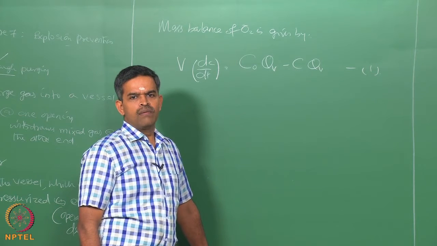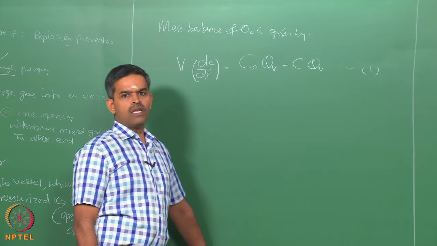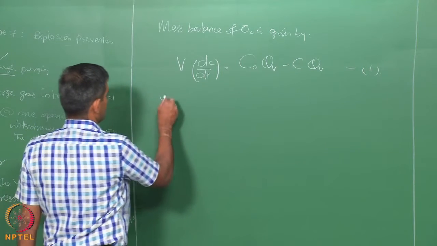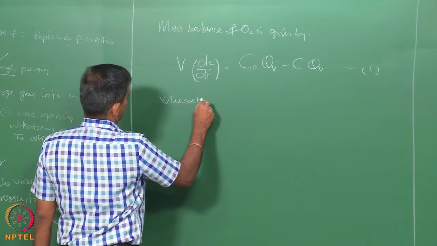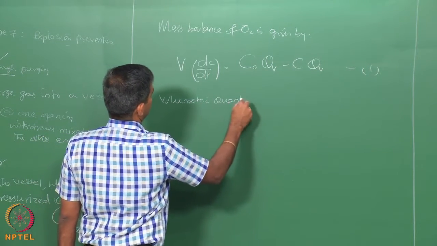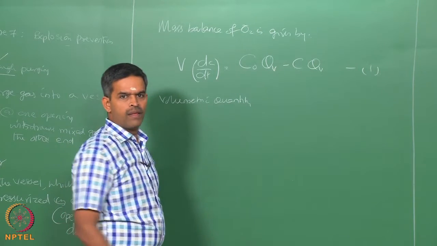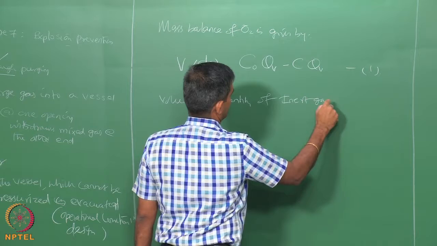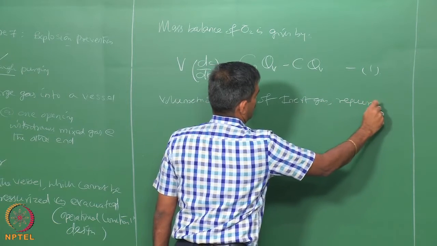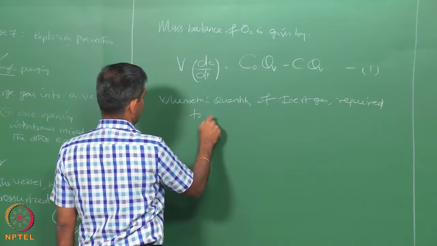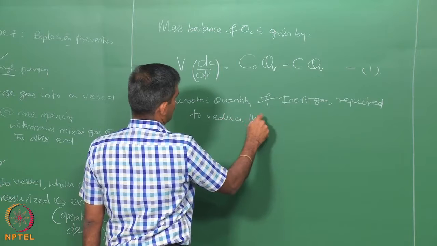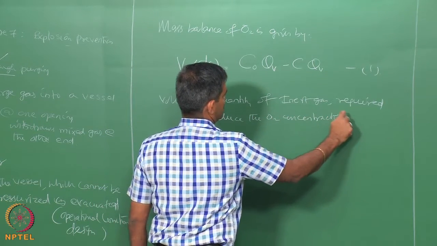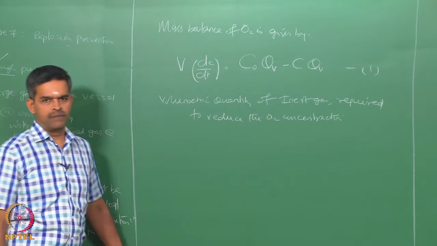So, obviously, one can see the volumetric quantity of inert gas required to reduce the oxygen concentration. The whole objective is to reduce the LOC concentration by about 4%.